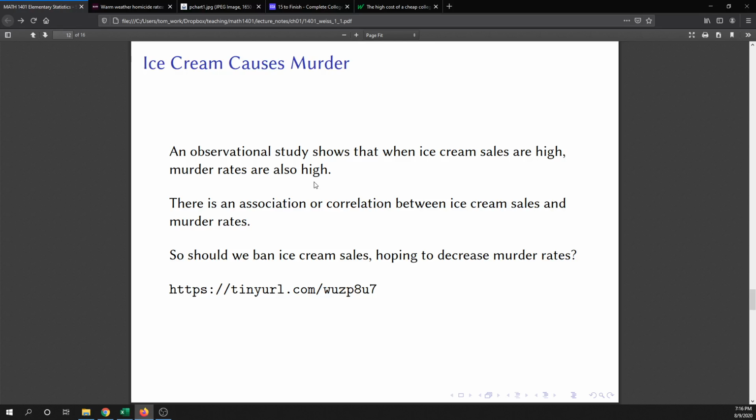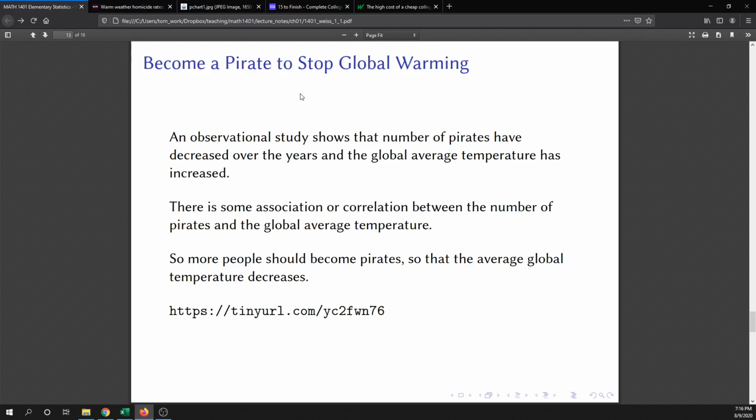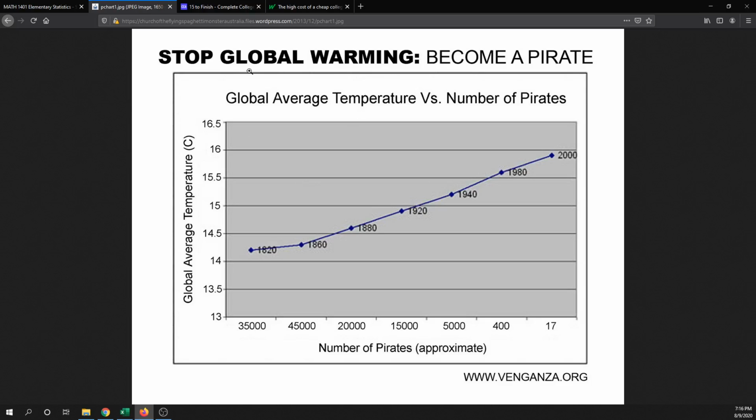Okay, another one, and this one is kind of just a joke. An observational study shows that the number of pirates has decreased over the years and the global average temperature has increased. If you look at the chart on this link, you can see in 1820 there were 35,000 pirates, and the global average temperature in Celsius was between 14 and 14.5.